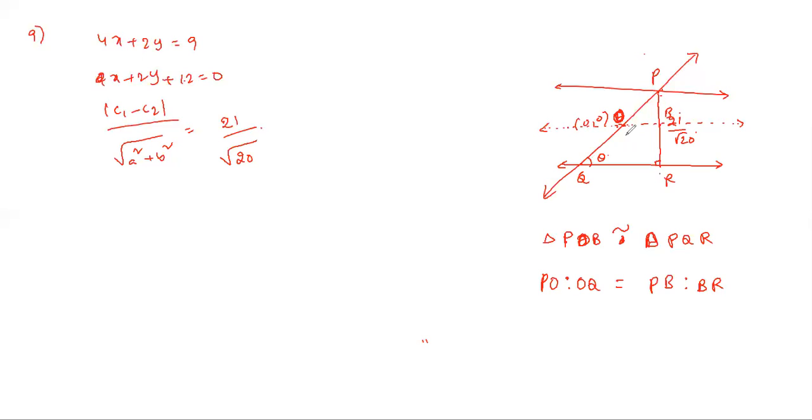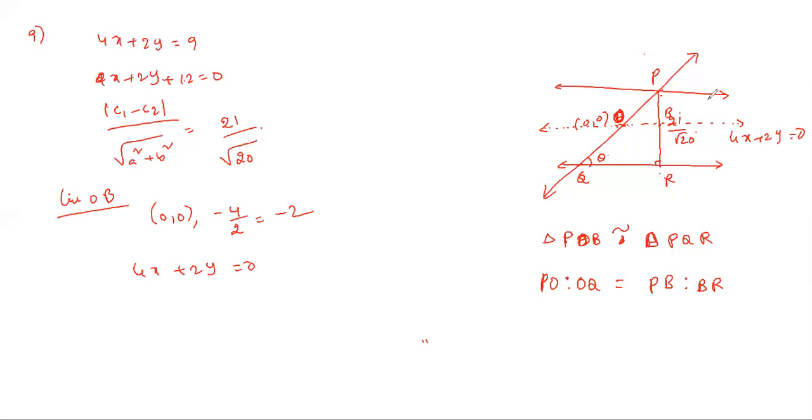So I am taking one parallel line passing through the origin and parallel to the given lines. What is our line OB? Passing through the origin with the same slope, parallel to PQR, minus 4 by 2, minus 2. So 4x plus 2y equals 0.